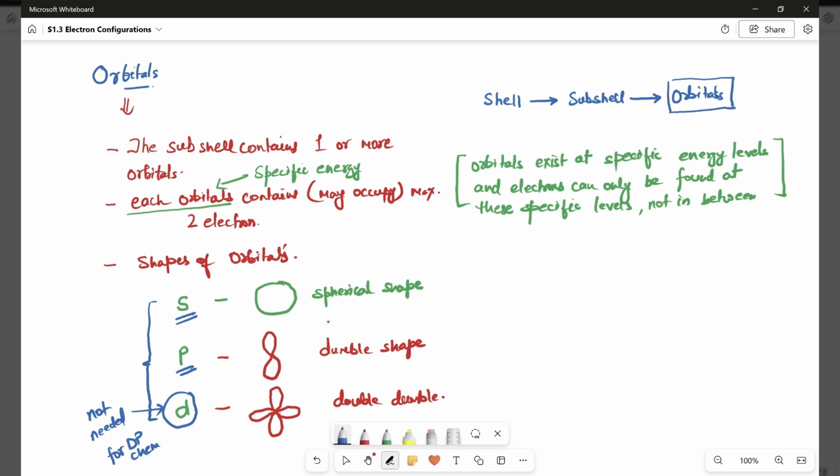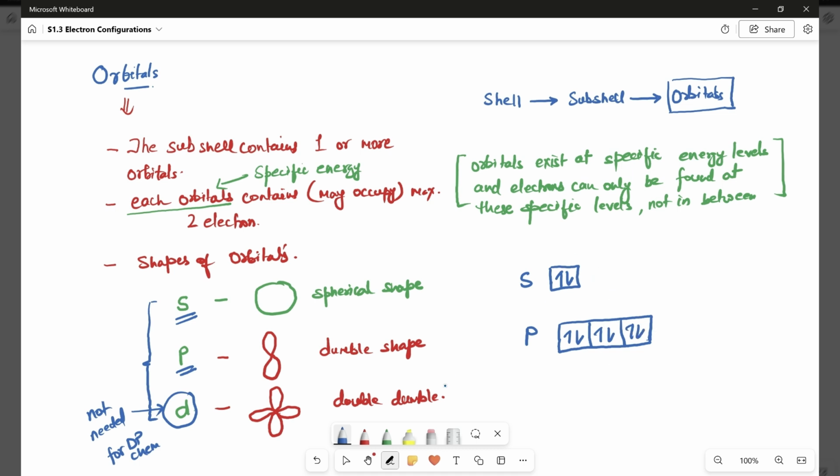But let me tell you, when I'm saying s, there is one orbital, right? If I'm saying p, p has three orbitals, right? So each orbital has two electrons. It is filled like this, right? So there are two electrons.